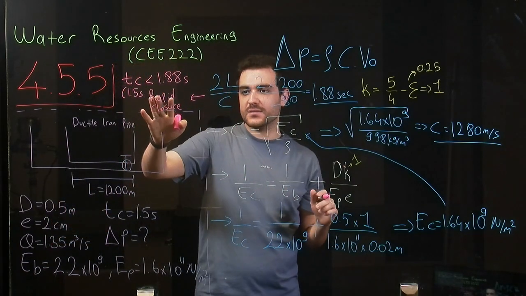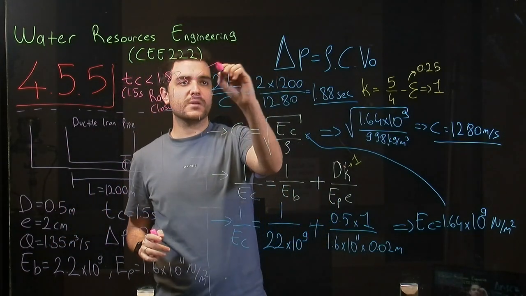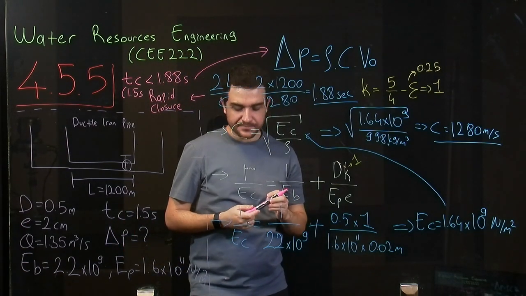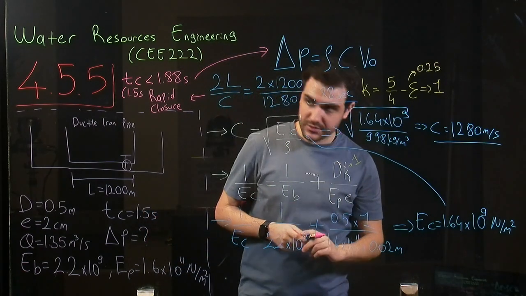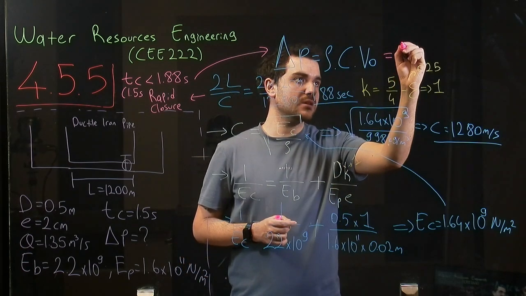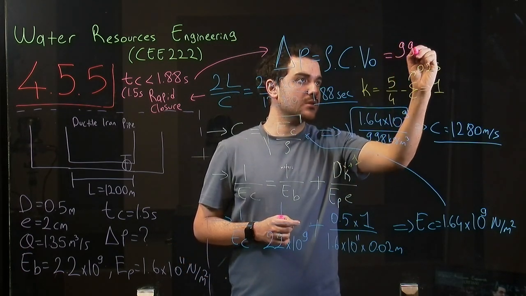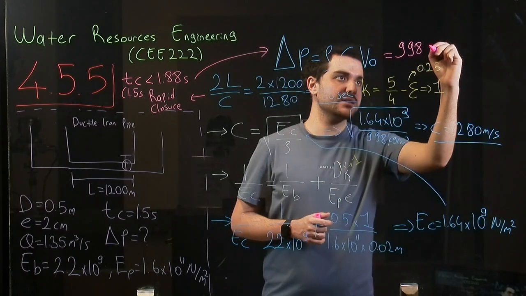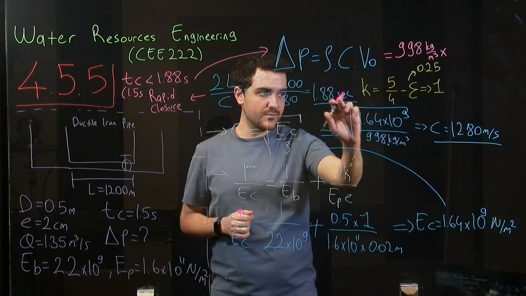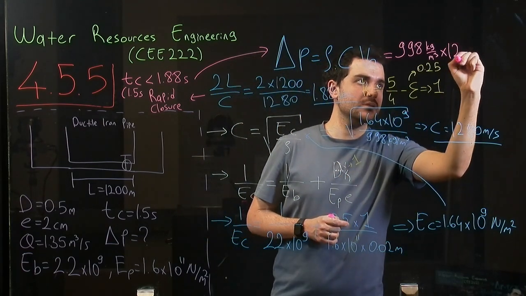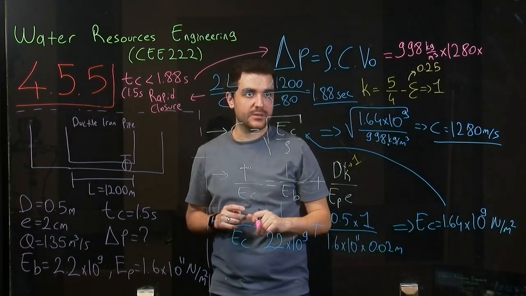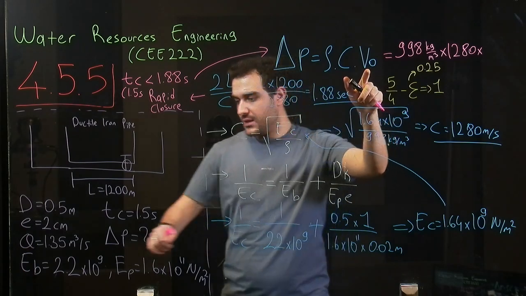Since we verified that we have a rapid closure, we can directly use this pressure equation, and we are just going to write everything we have. So for density we have 998 times the celerity times the velocity.